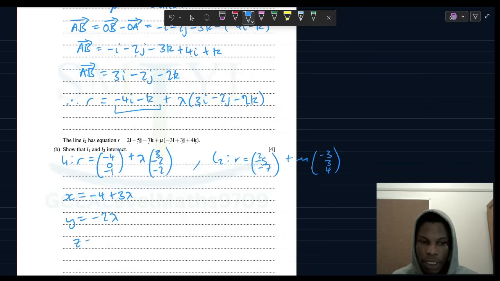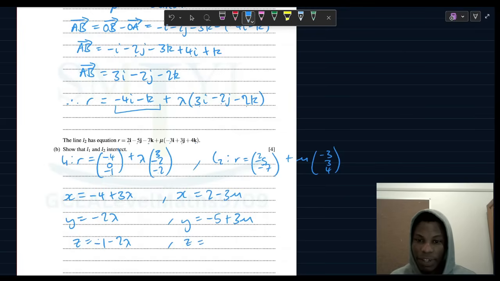The z component is -1 plus lambda times -2, which is -1 - 2 lambda. We'll do the same for L2. The x component is 2 minus 3 mu. The y component is -5 plus 3 mu. The z component is -7 plus 4 mu.